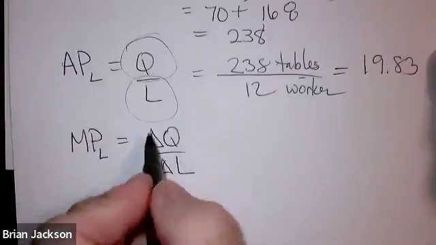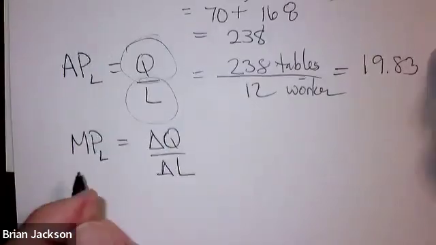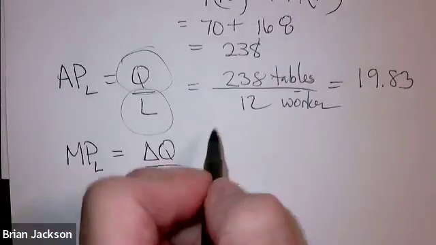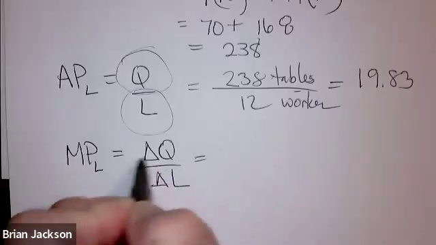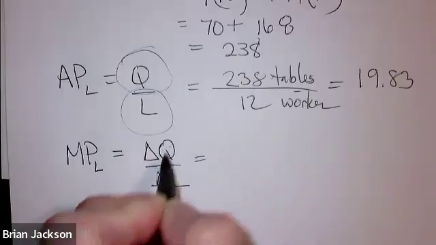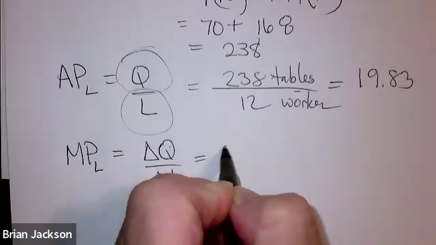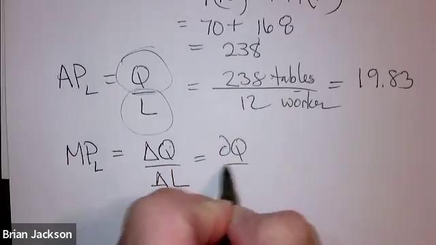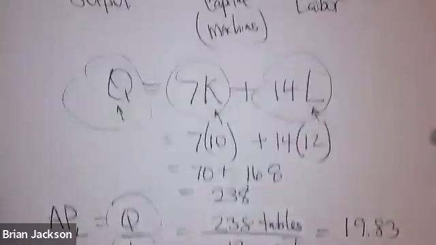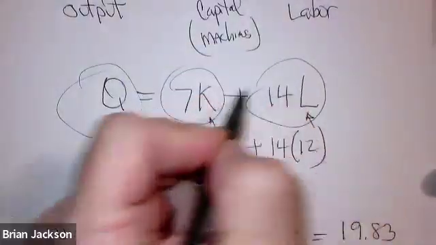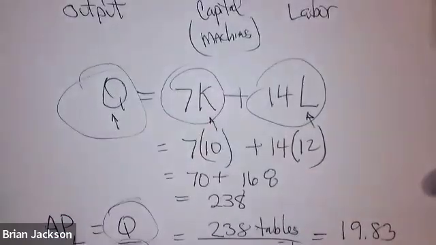Likewise, the marginal product of capital would be this, but divided by delta K. Maybe we'll do that in a minute. But what this always is, is the derivative. This is the derivative of this variable with respect to this. It's dq/dl, or we can write it this way, given that it's the derivative of q with respect to L. We come back up here and we're going to differentiate this with respect to L.